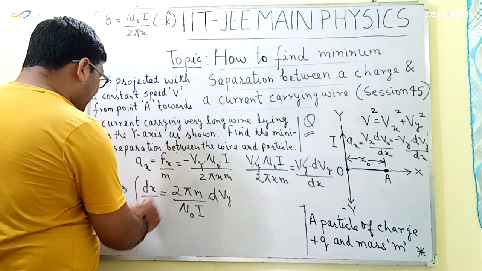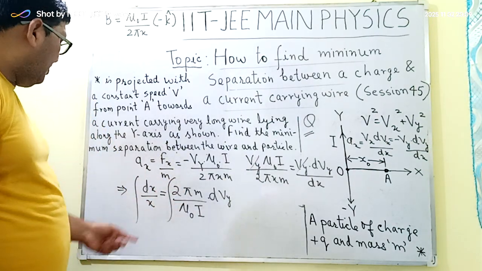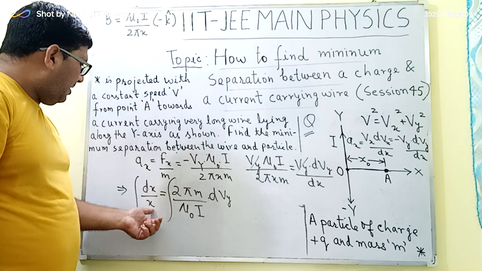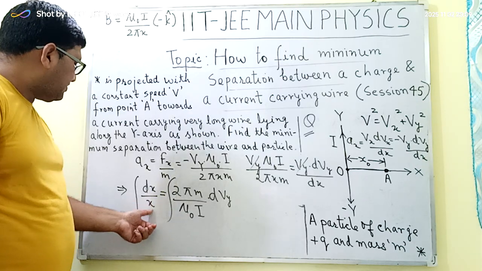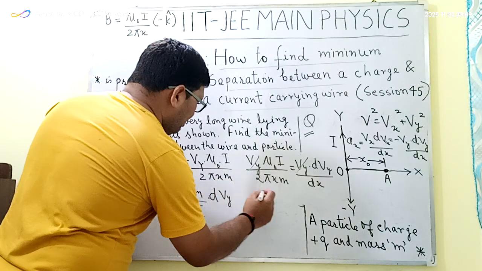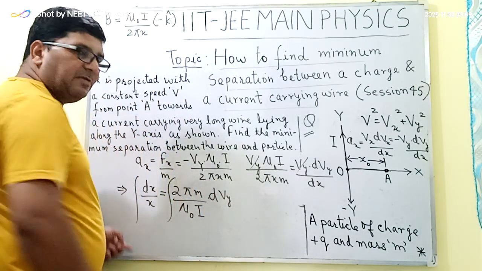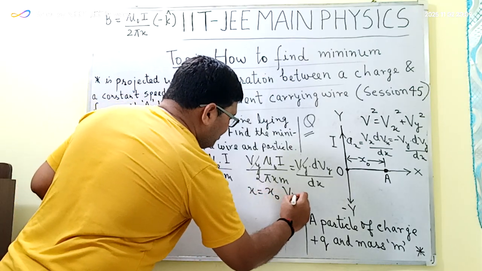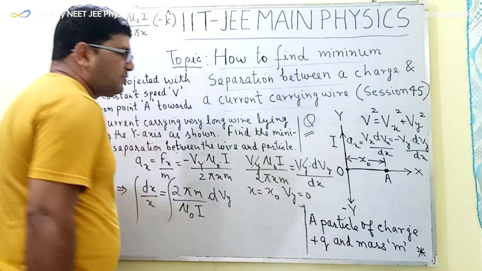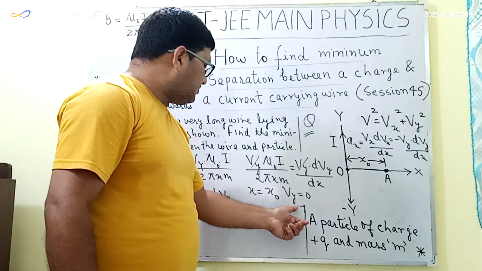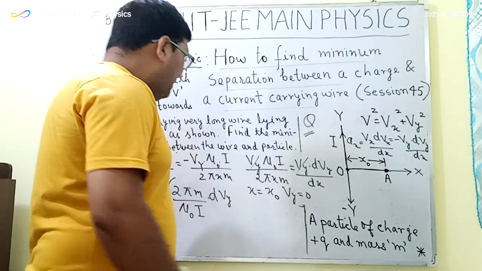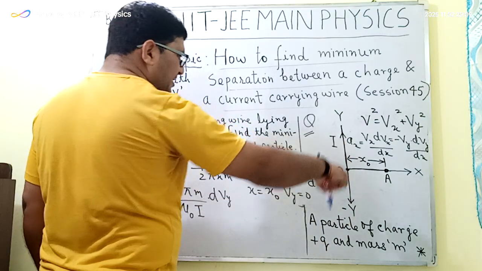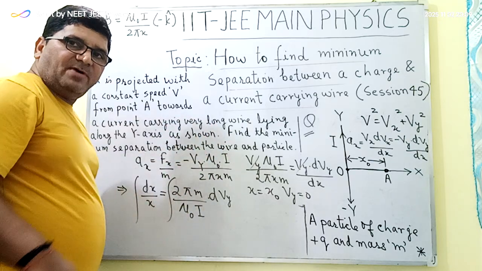Now if I integrate this equation, I will be able to get the relation for x. First of all, I will be finding the limits of integration. So when x is equal to x naught, then Vy is equal to 0. That is, when this particle is projected from point A, the y component of the velocity is 0. And finally, due to this magnetic force, this particle will be moving along the negative y-axis.